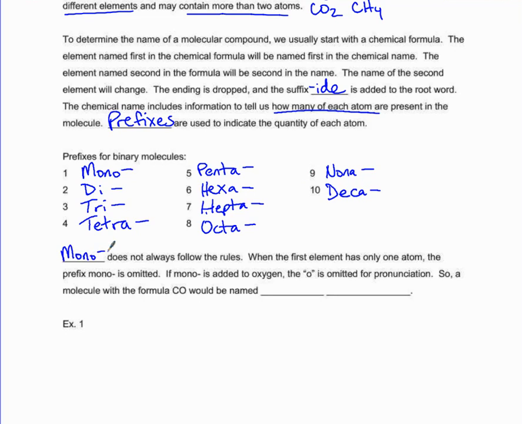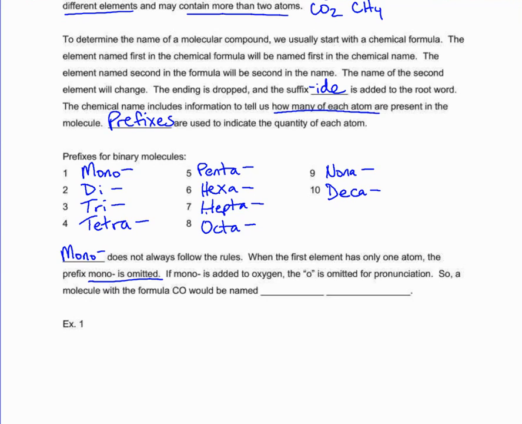But the prefix mono does not always follow the rules. So when the first element in the name has only one atom in the compound, mono is omitted. We're going to leave it out. So an example of this one might be carbon dioxide. There's only one carbon, but we're not going to call it monocarbon dioxide.